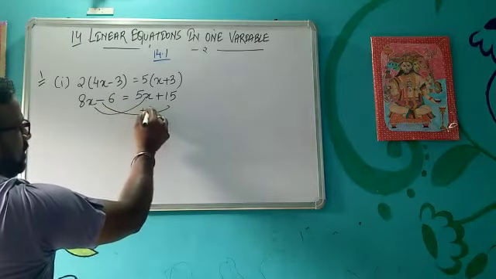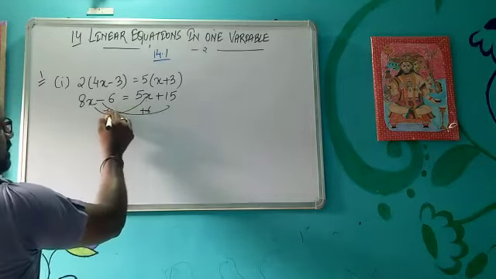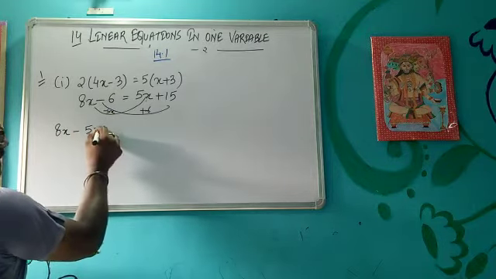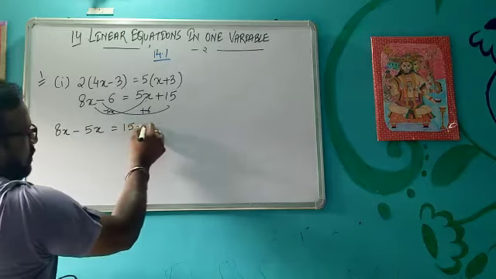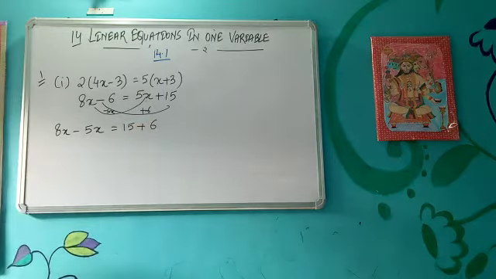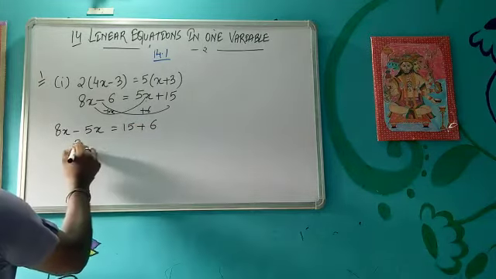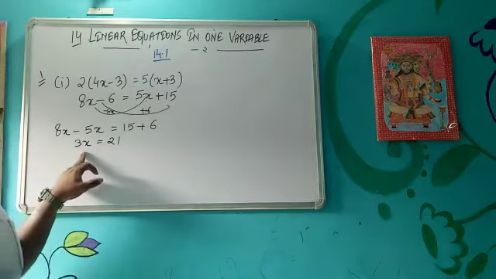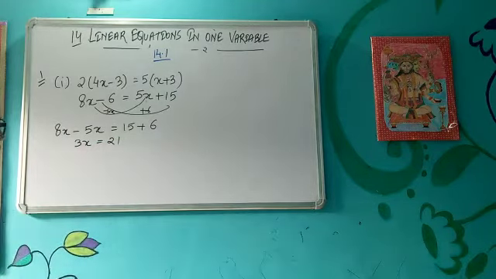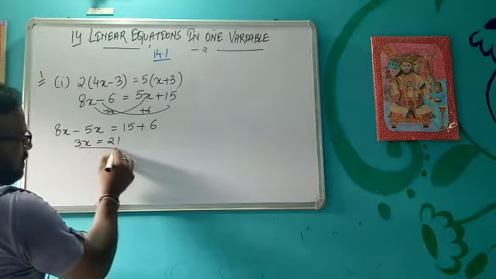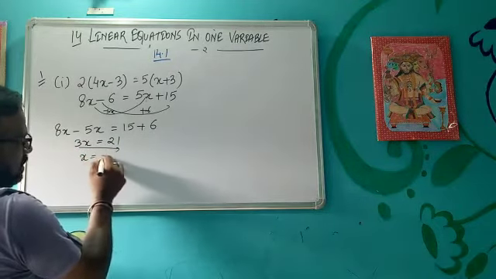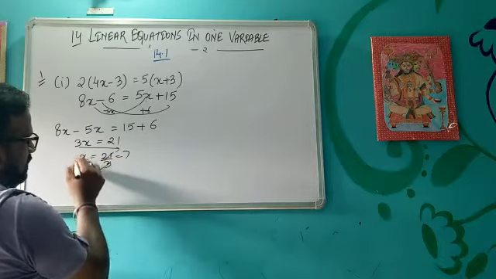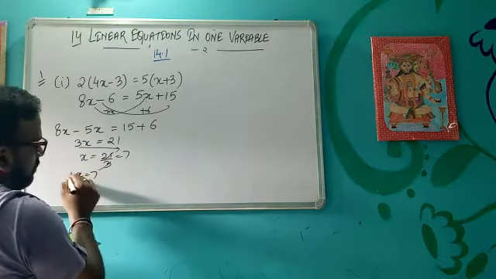So it becomes plus 6 and minus 5x. So I will write 8x minus 5x equal to 15 plus 6. So it is 3x equal to 21. Now this 3 is multiplied with x, so I will take this 3 to the other side. It becomes 21 upon 3, that is 7. So the answer is x equal to 7.